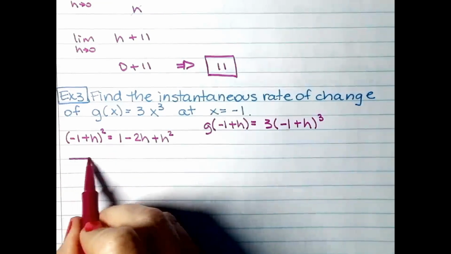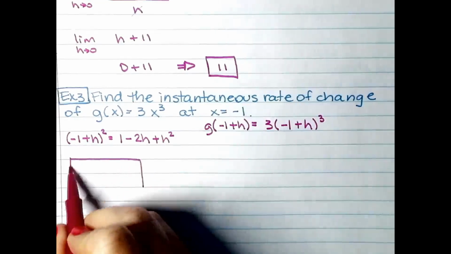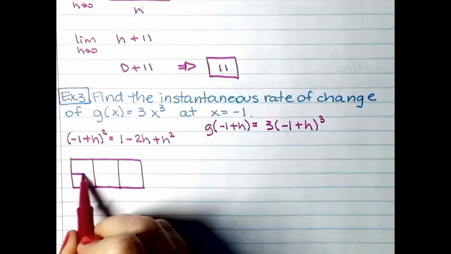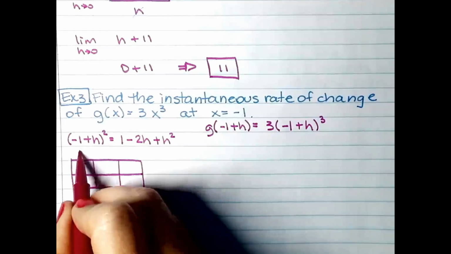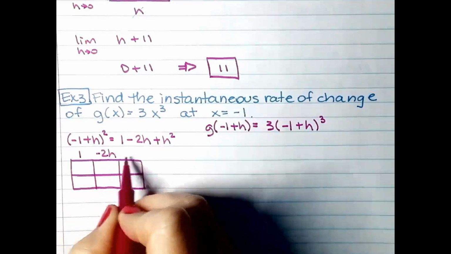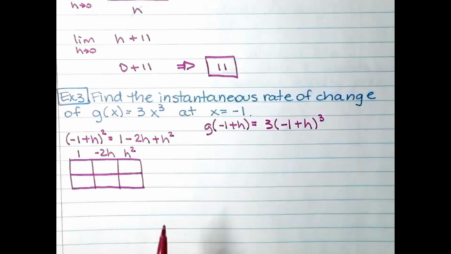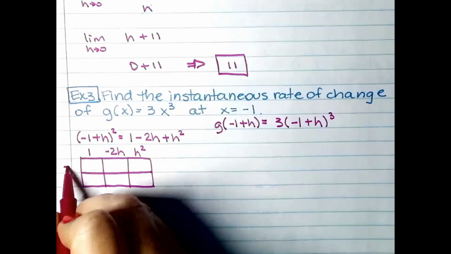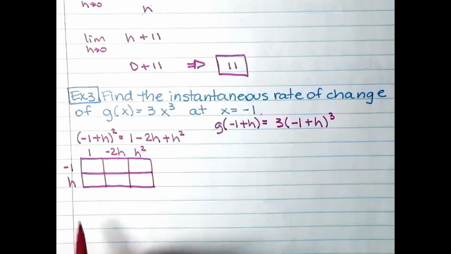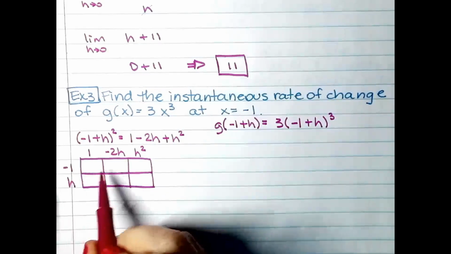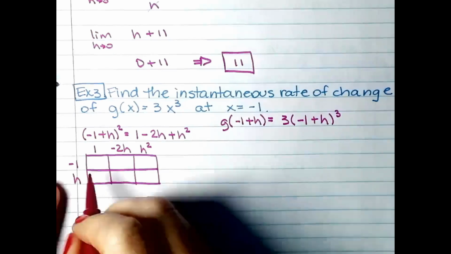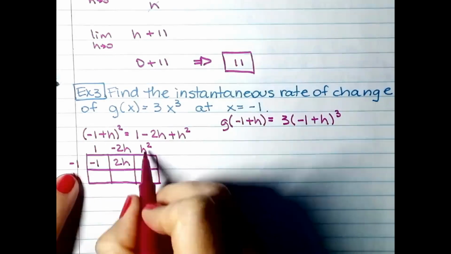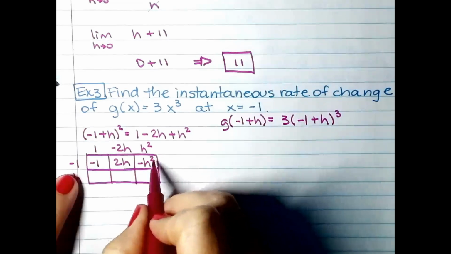Some of you like doing the box. Some of you, it is the very first time that you see the box, but you don't have to do the box. You can do FOIL. It's fine. So I have 1, negative 2h, and h squared. But I need to multiply this one more time by itself. Negative 1, and then h. So we're multiplying. Or if you want to do FOIL, do FOIL. So negative 1, 2h, negative h squared.